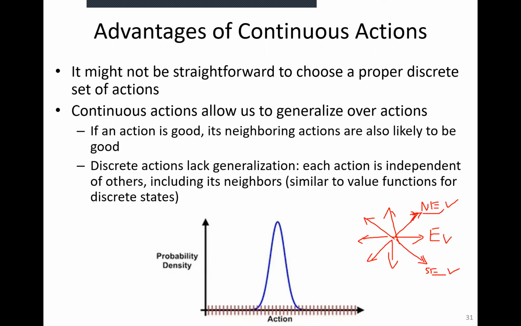But if you had a continuous variable indicating the direction of movement, then it has generalization, because the neural network or some other function is continuous. If the east direction is good, the function will be updated so that any direction in the general direction of east will also be increased in probability.